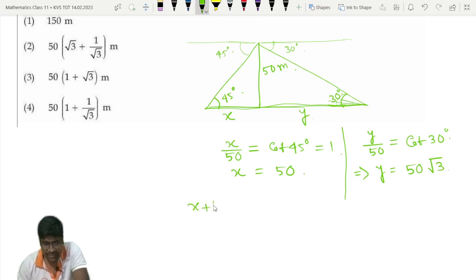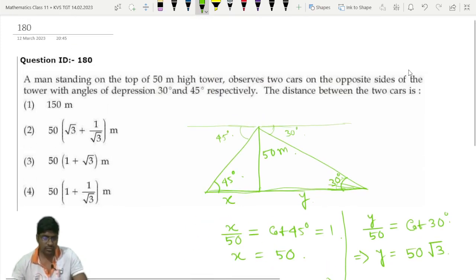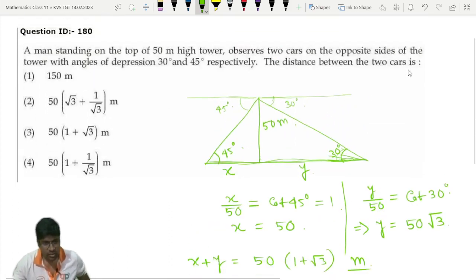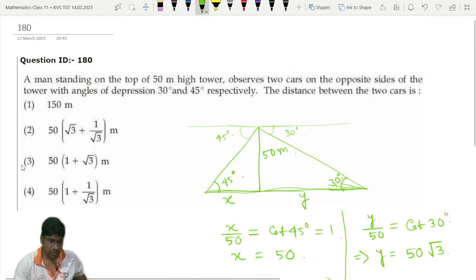So what is x plus y then? 50 into 1 plus root 3. The unit is given in meter, so this will be 50 into 1 plus root 3 meter. So which option? Option 3 is the correct answer.